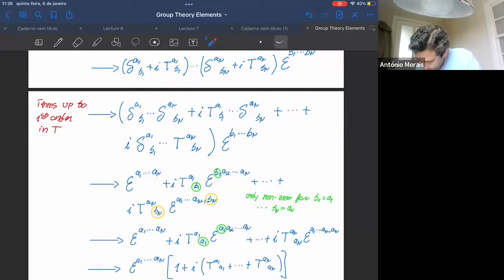But we know that these epsilons are only non-zero when B1 is equal to A1, because then you have A2, A3, A4, and so on, AN. So if B1 is equal to A2, the epsilon is going to be 0. And the same here, if Bn is equal to A10 or An minus 3 or A2 or whatever, this is also going to be 0.